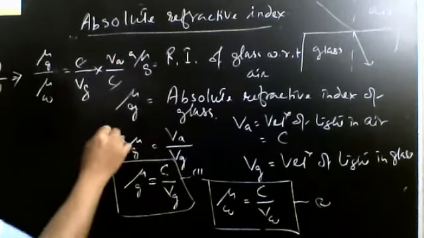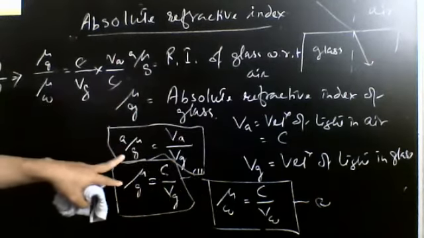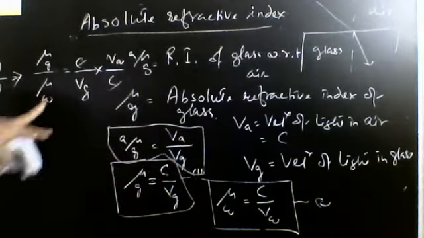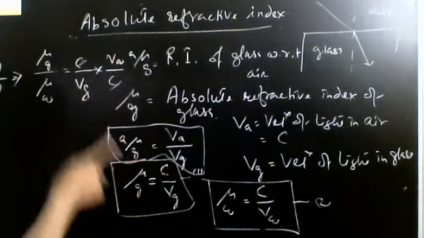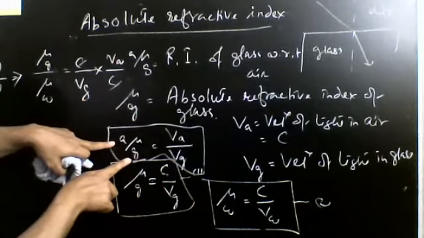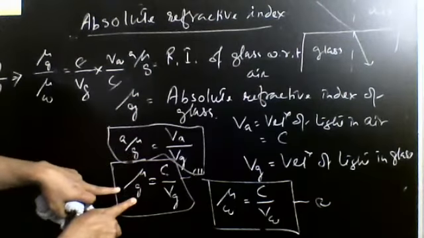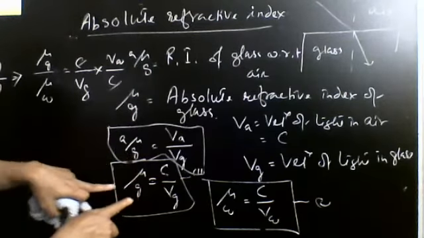Okay, so in this way, if you want to combine this mu ZA, you will get the same formula. So mu ZA, what does it mean? It is the absolute refractive index of glass, and mu Z is equal to what? Absolute refractive index of glass.